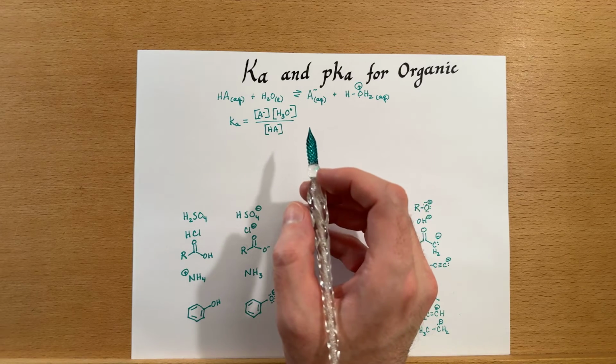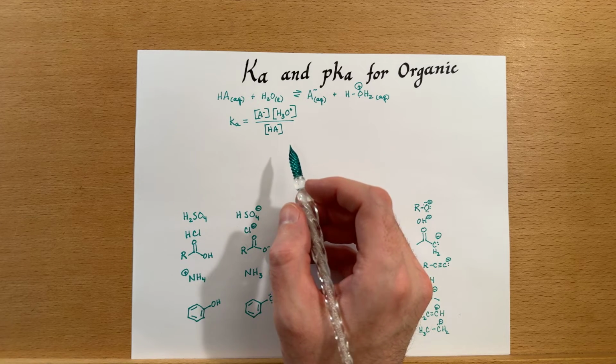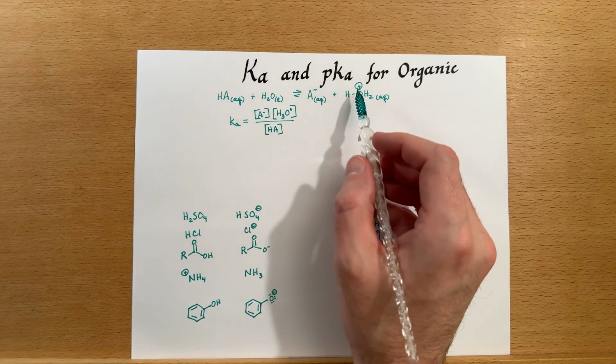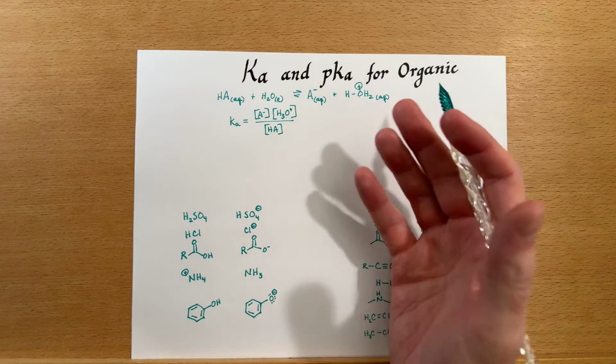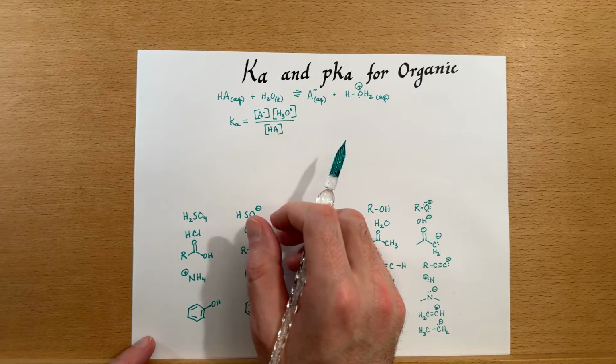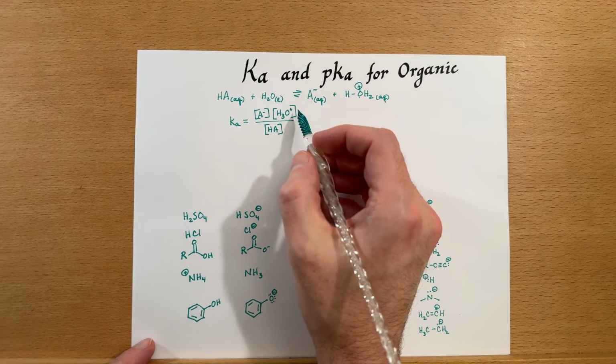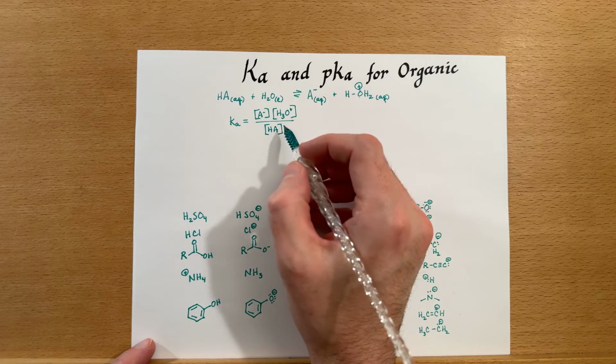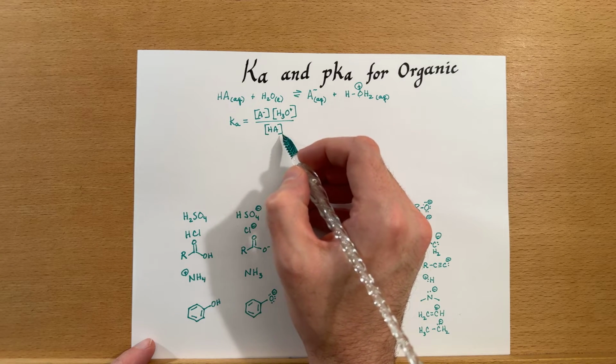So if an acid is stronger, it will be able to protonate more water. So it will push the reaction more towards the right. That means that we would have more products versus reactants.